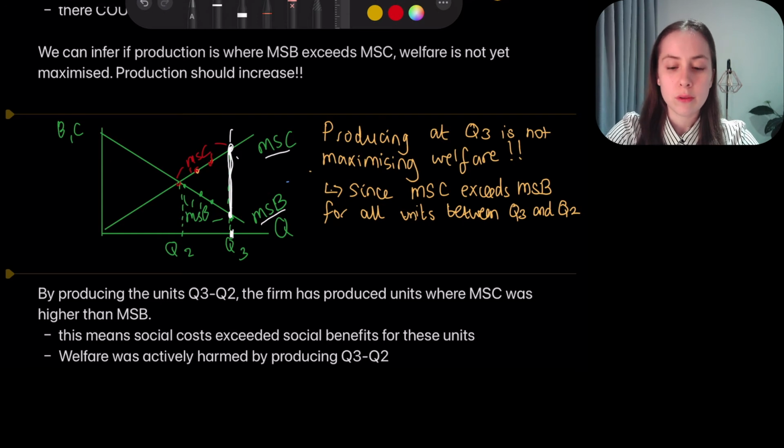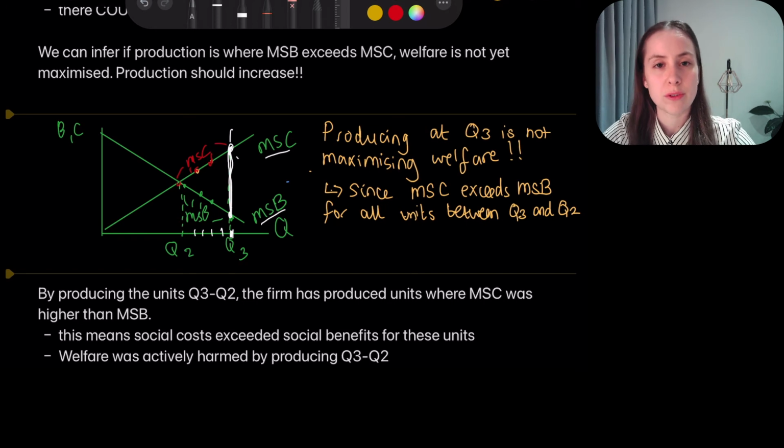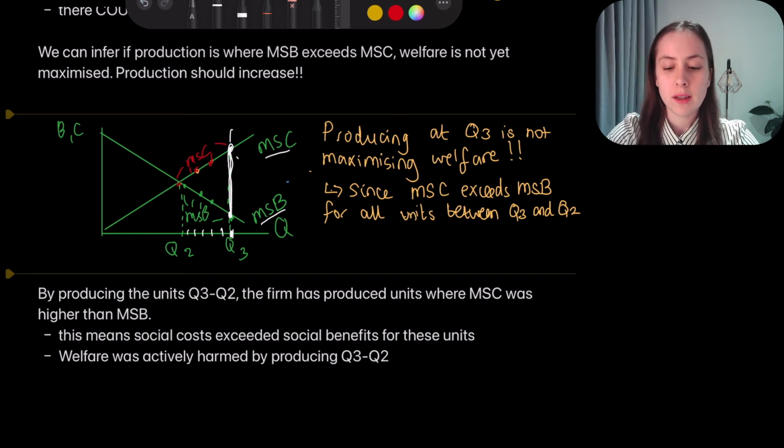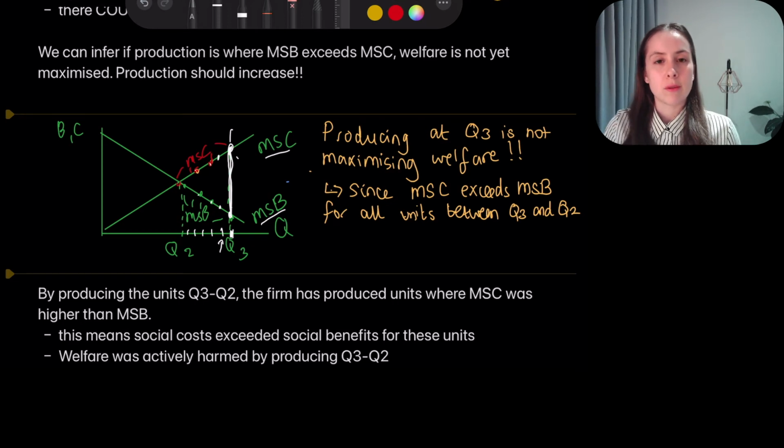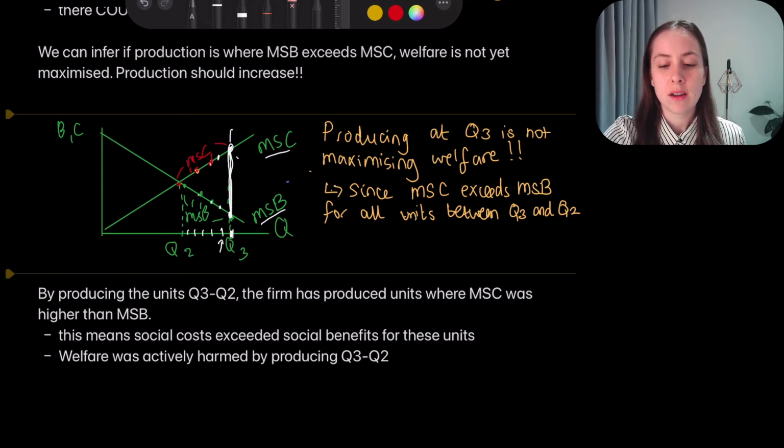In fact, all of the units between Q2 and Q3 are also harming society. This particular unit, again, had costs all the way over here, and then the benefits are lower. MSB is lower than the MSC in this case, and it's the same for all of these units. Therefore, by producing everywhere from Q2 until Q3, all of these instances of welfare loss have actually taken place.